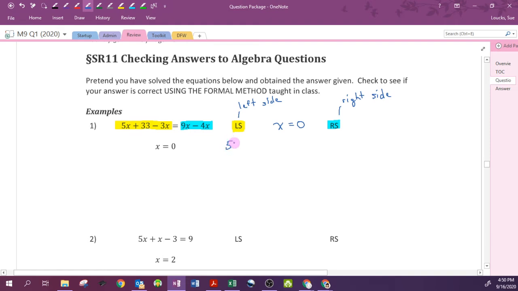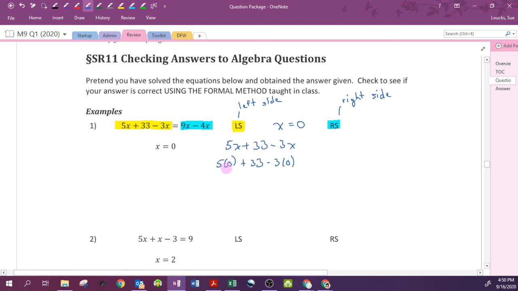It says 5x plus 33 minus 3x. And then I'm going to replace my x's with 0. So this becomes 5 times 0 plus 33 minus 3 times 0.